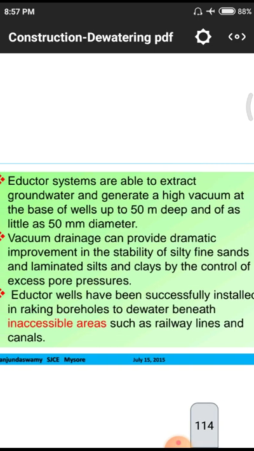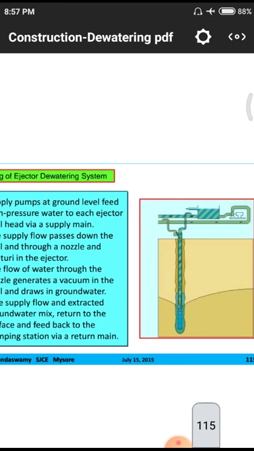It means if we are constructing boreholes for the purpose of dewatering in lands, if the borehole has a huge depth, we need to use lining and casing mechanisms. Why? Because we are using vacuum pressures. If there are no proper casings or lining systems, those vacuum pressures will be wasted and there may be no particular quantity of dewatering.